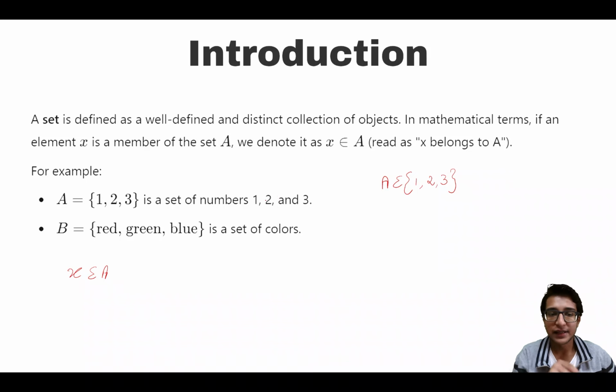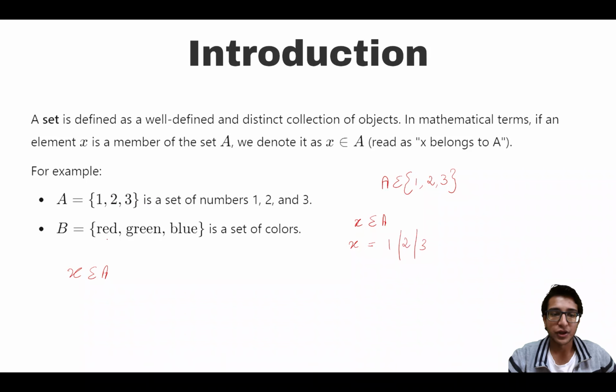And now let's say I say that x is a member of A, that means how am I going to write it? x belongs to A. Now if x belongs to A, that means the x value can either be 1 or it can be 2 or it can be 3. So that means x is belonging to this set. So x can take any value of that set.